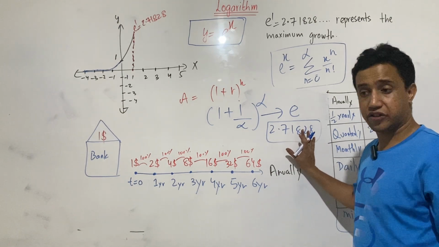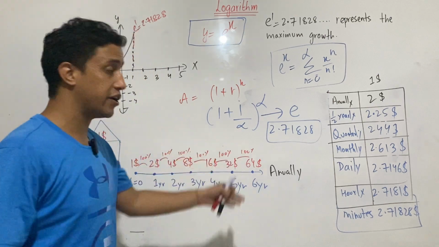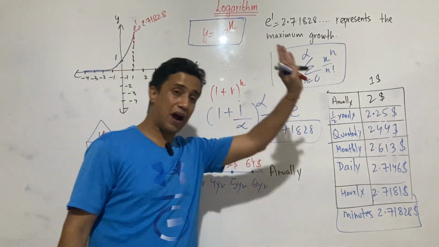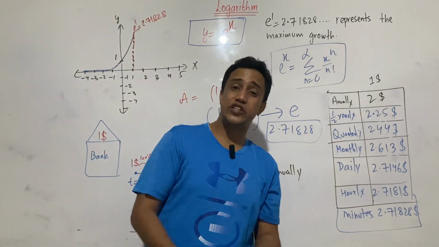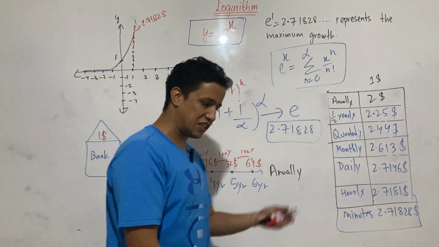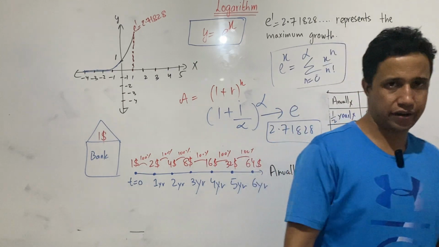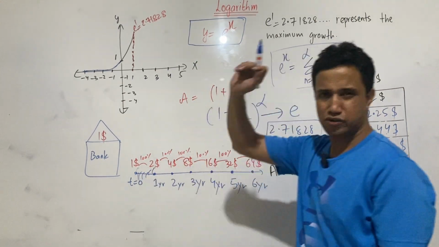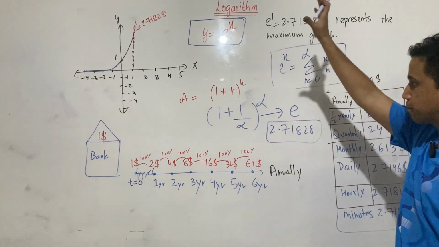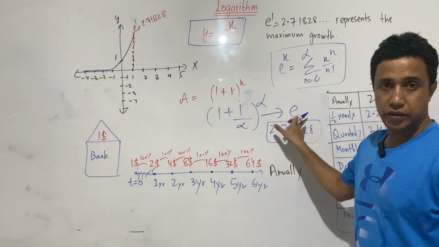You got the point. Now see here what we are doing. Okay, we did it for hours, we did it for minutes. Now I just want to do it continuously for seconds, microseconds, nanoseconds, all the time frames continuously. Then it's going to be e.